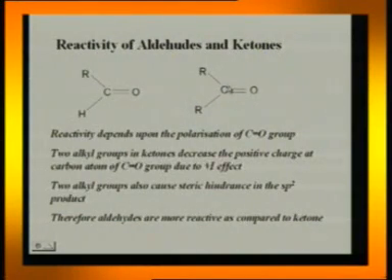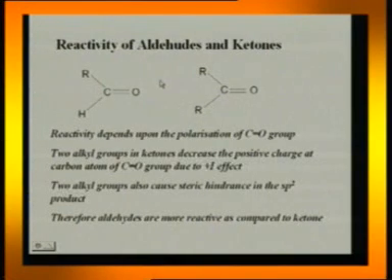The delta positive on carbon is being shared by these two alkyl groups because they are electron donating. As a result, they lower the positive nature of this carbon, that is, the nucleophilic attack will not be as effective as it is in case of aldehydes, where we have only hydrogen here, which is not able to donate any electrons towards the delta positive of the carbonyl group.